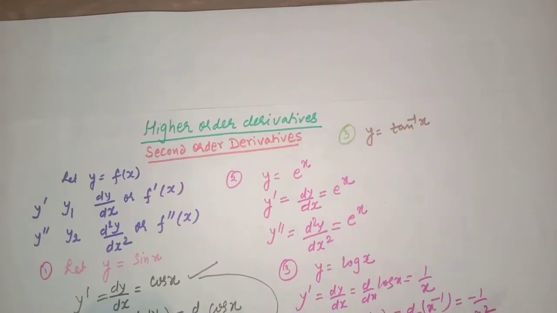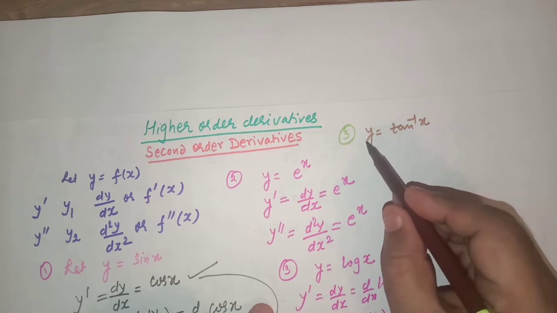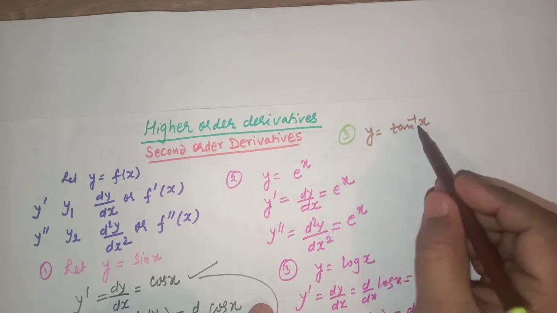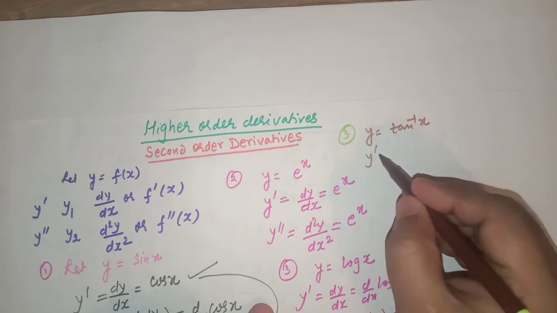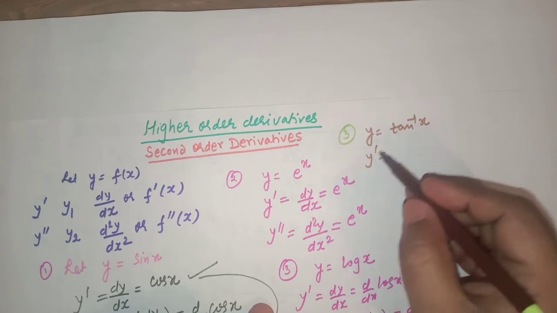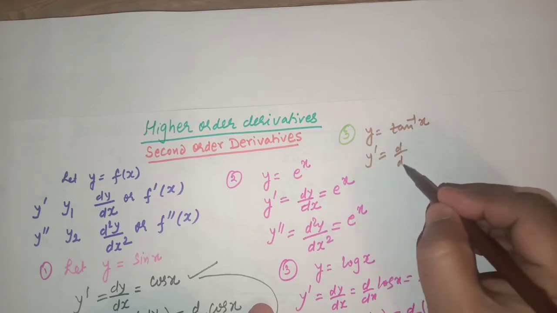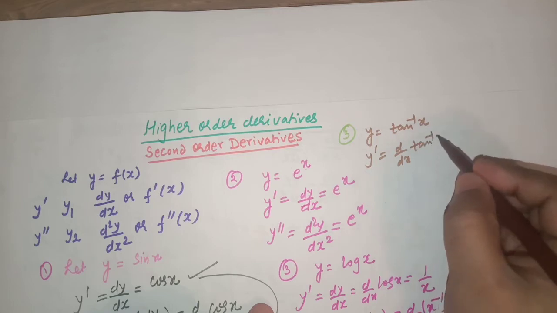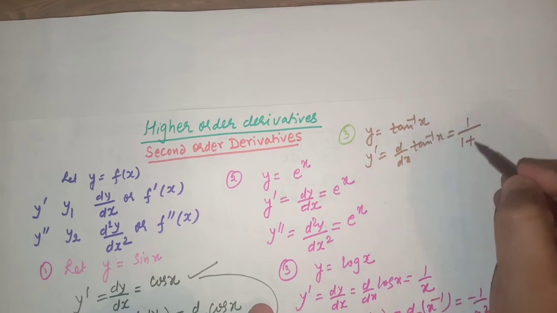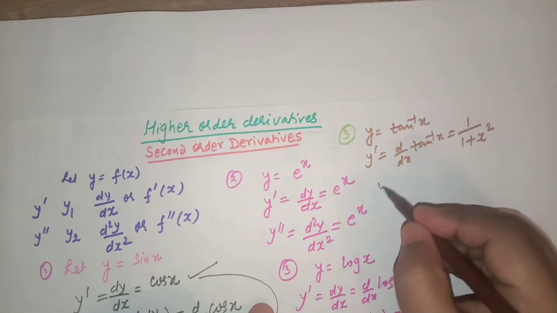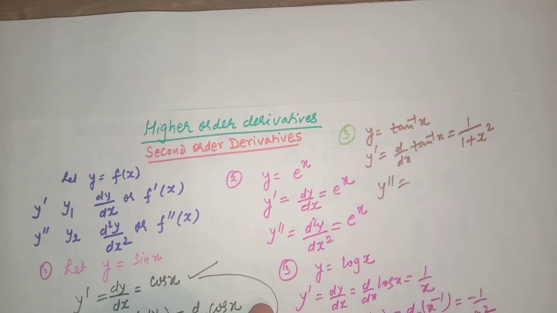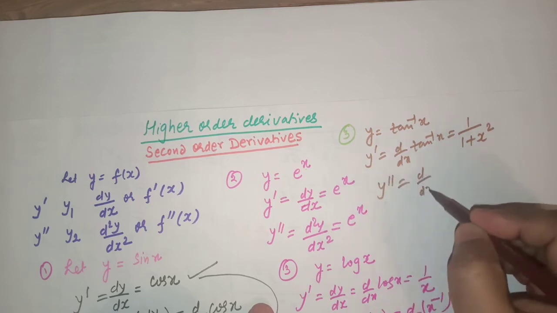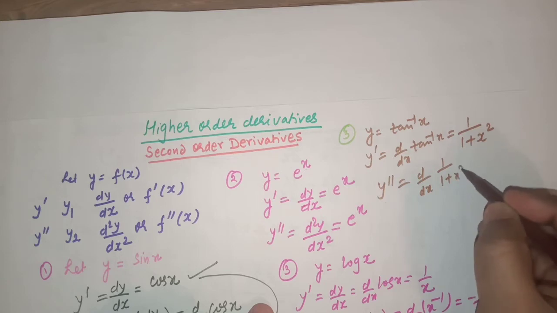Now let me take one more example. Here we have to find the second order derivative of y equal to tan inverse x. So the first order derivative is y prime. The derivative of tan inverse x is, we know, 1 over 1 plus x square. Now for the second order derivative, we have to differentiate 1 over 1 plus x square.